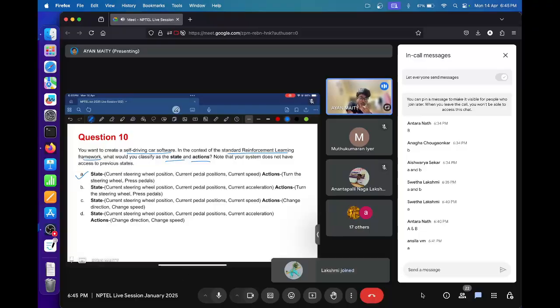So current speed is very necessary in the state space, but current acceleration you might keep, but it is not as necessary as speed, because using the value of the current speed, you may decide whether you want to accelerate or decelerate, but using the value of current acceleration, you don't know whether you should decelerate or accelerate. So option B is not the correct answer. Option A is the correct answer.